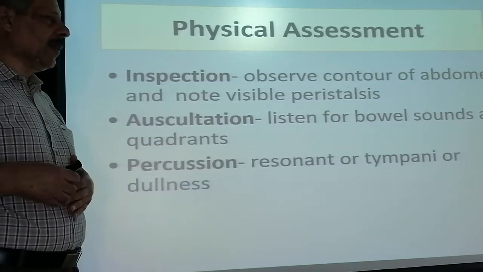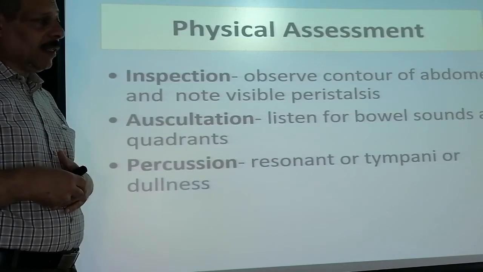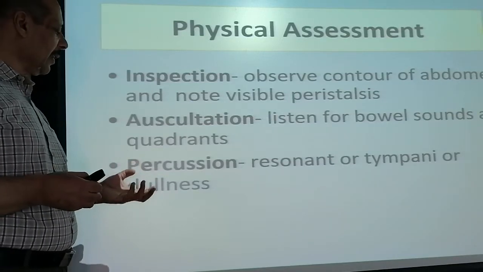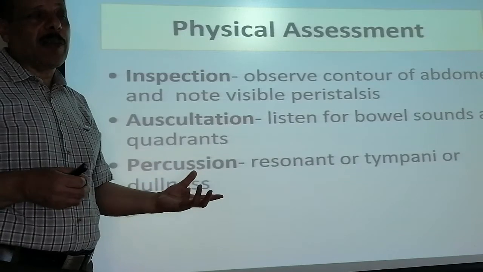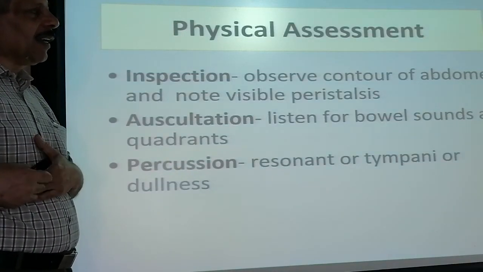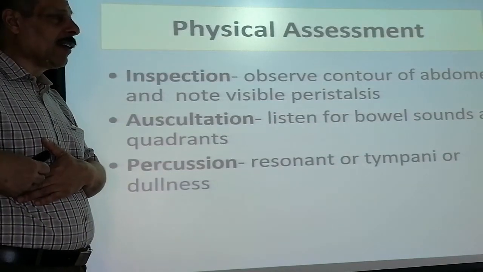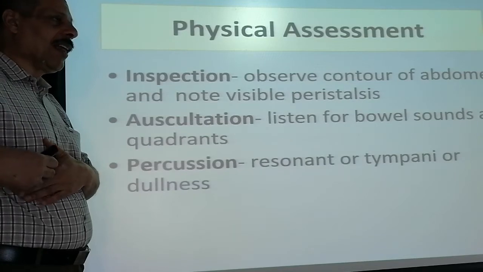Resonant means that there is presence of air. Dullness might be due to constipation, or when we are doing percussion over an organ like the liver, we will feel the dullness.